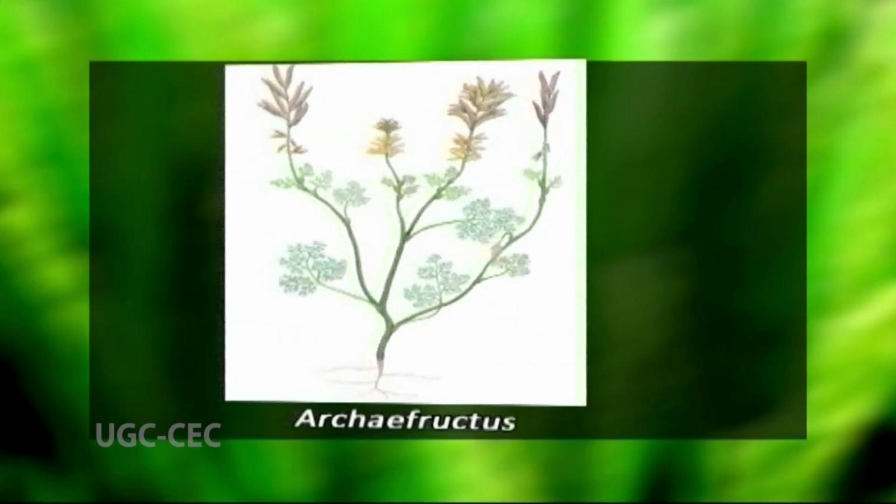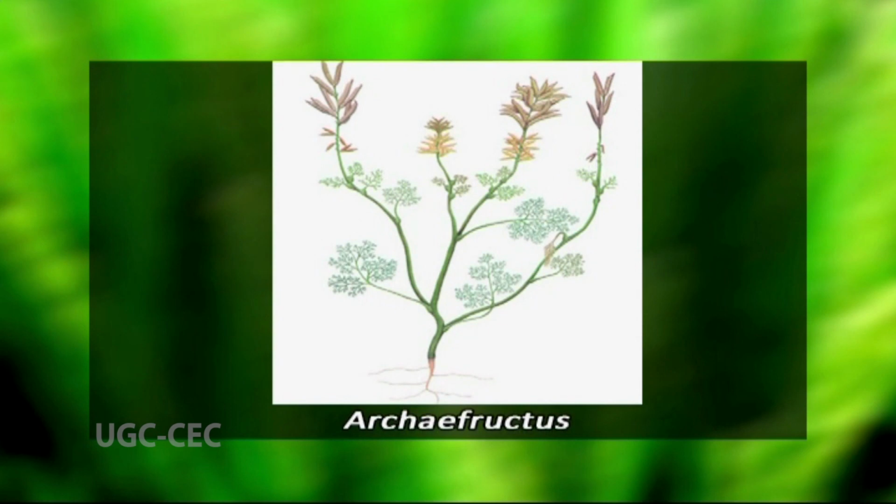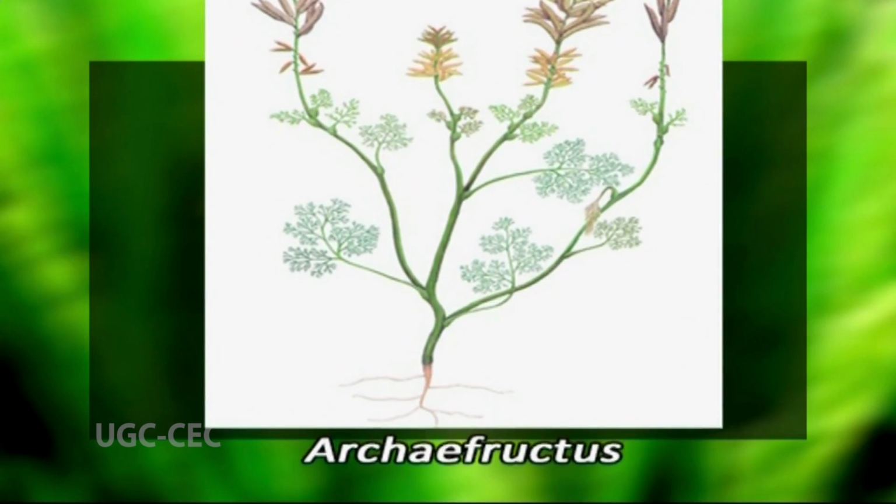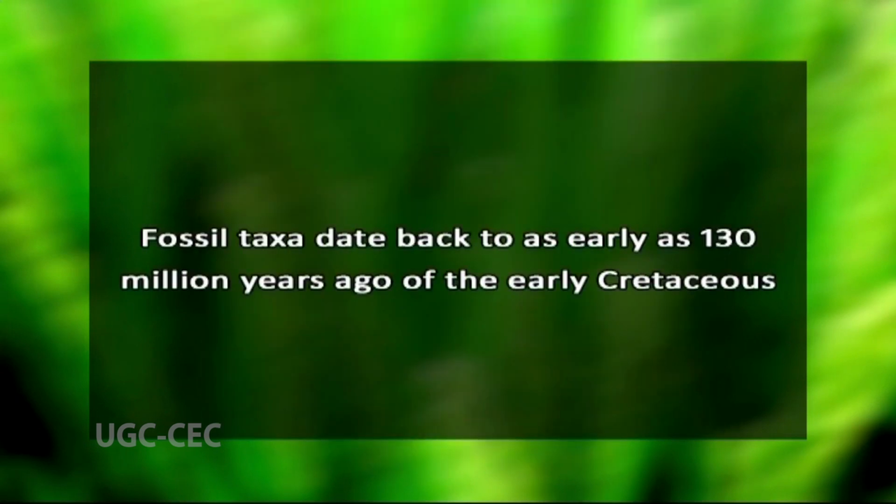Very recently, a fossil plant by the name of Archaefructus, which was collected from China, is believed to shed light on the early evolution of Angiosperms. The fossil taxon dates back to as early as 130 million years ago during the early Cretaceous.